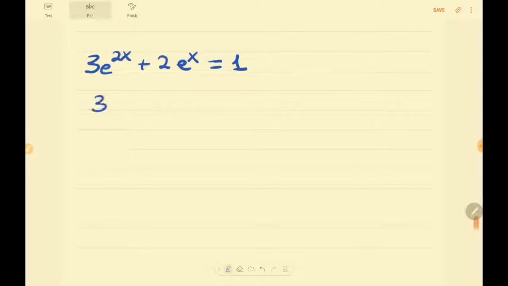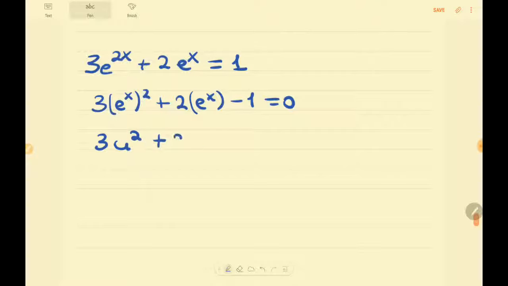So I have 3 times e to the x squared plus 2 times e to the x minus 1 equals 0. So that's 3u squared plus 2u minus 1 equals 0, where u is equal to e to the x.